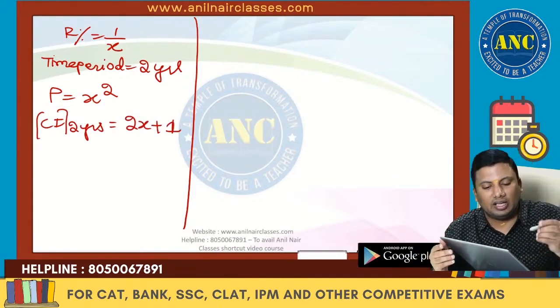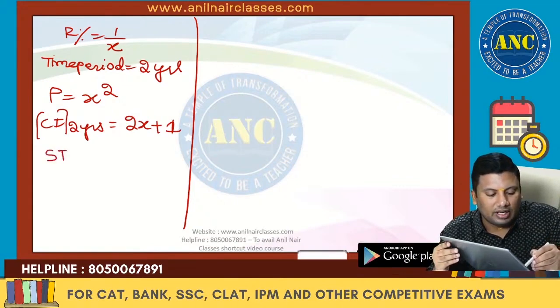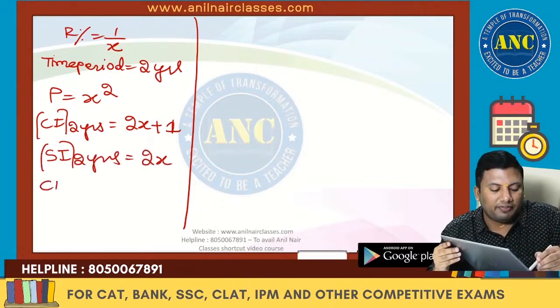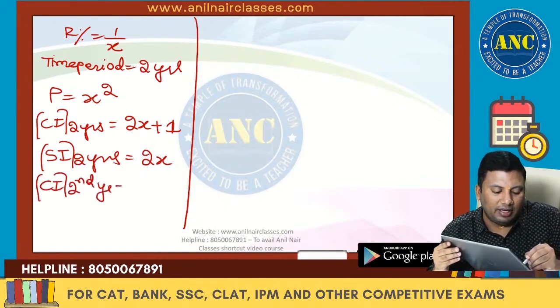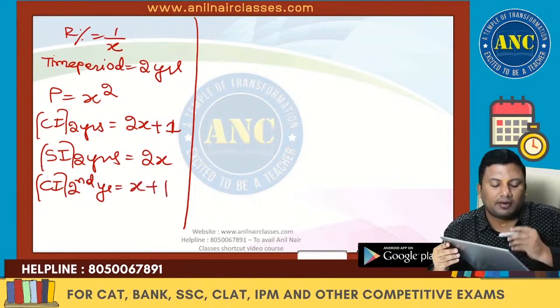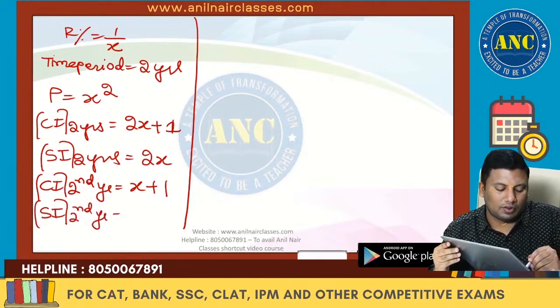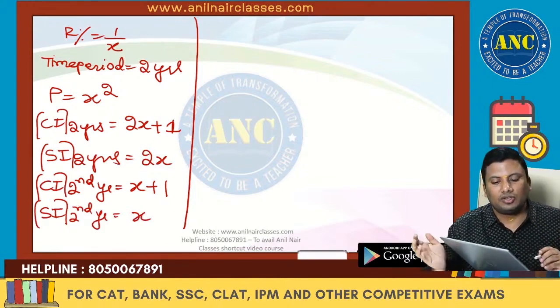I hope it is clear, right? Then SI for 2 years will be 2x. CI for the second year will be x plus 1. SI for the second year will be x. All the values we have done.